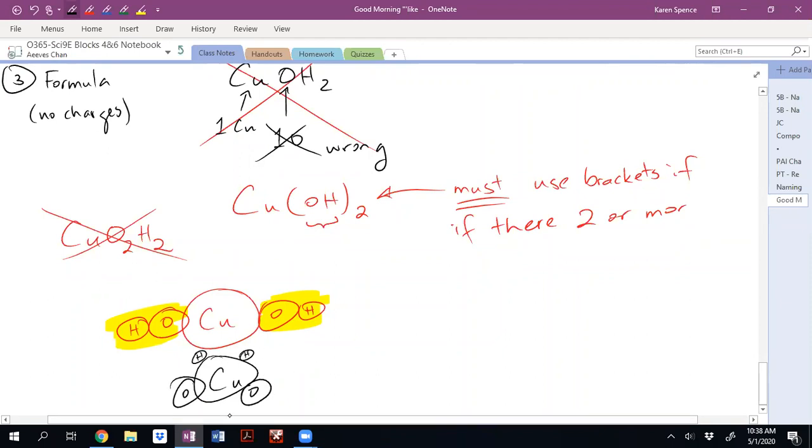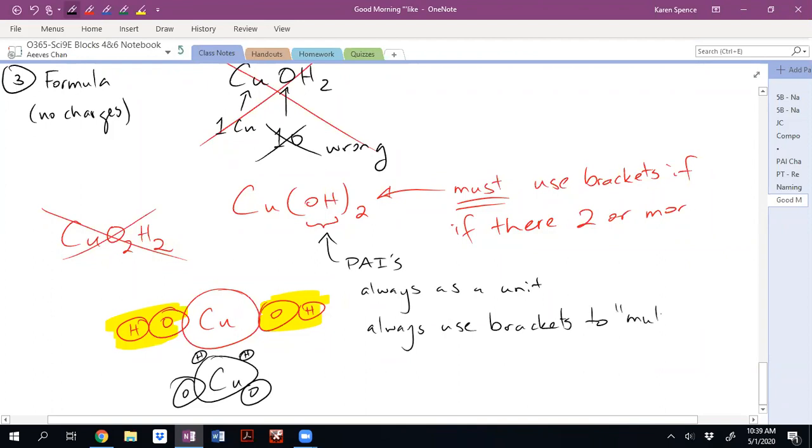So we always write polyatomic ions together as a unit, and then we always use the brackets to multiply them.